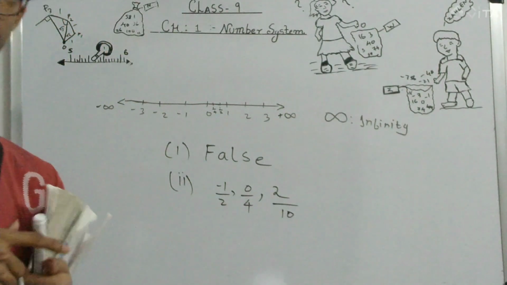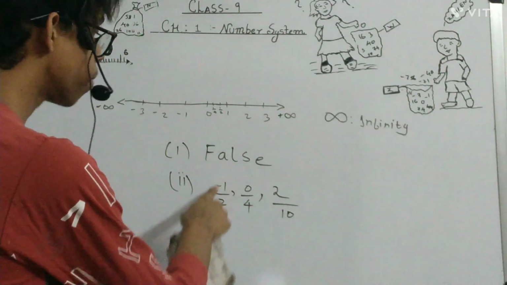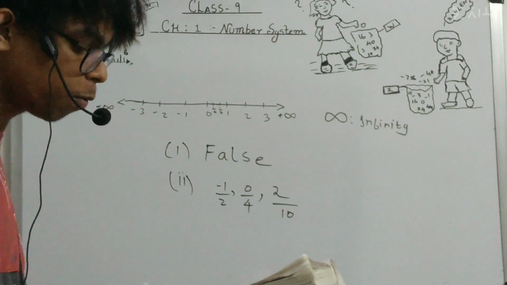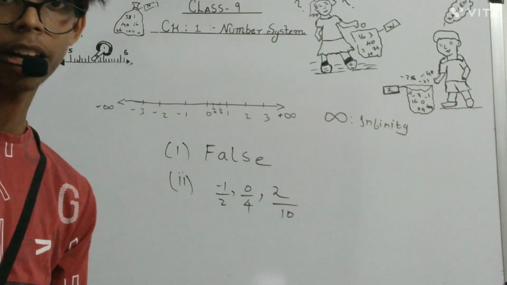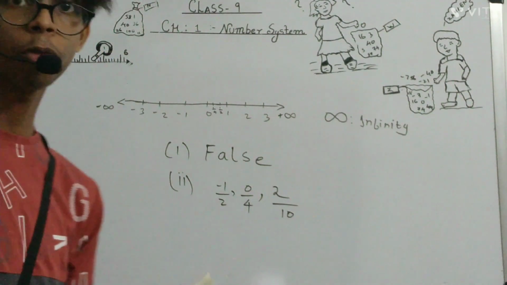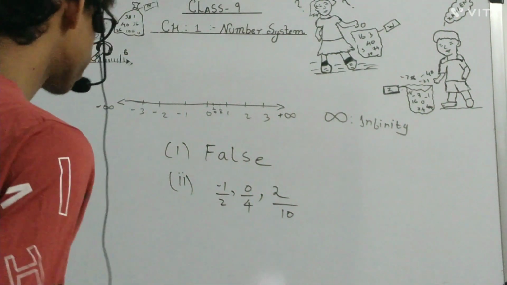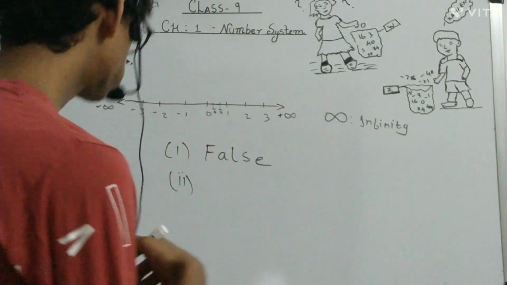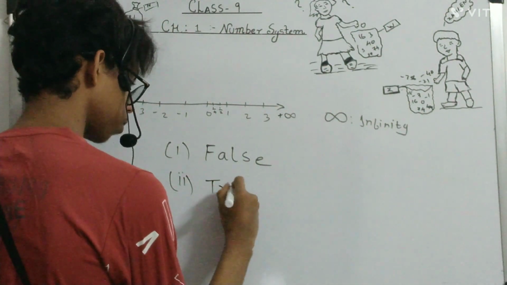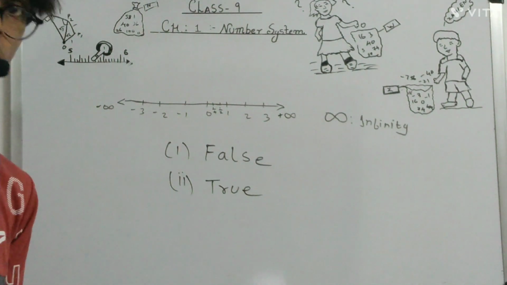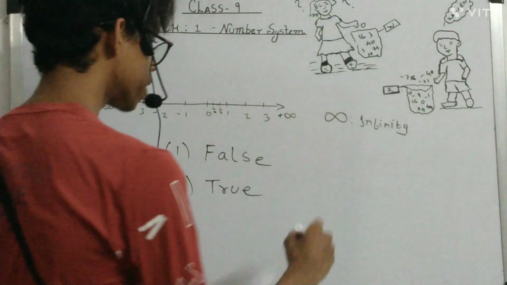I wrote 3 integers over here, and all of them can be written in the form of p by q, which implies that every integer is a rational number, because you can write every integer given to you in the form of p by q. So the second statement given to you is also a true statement.